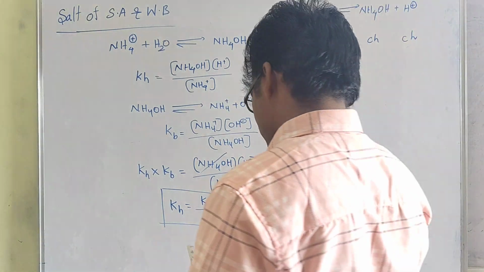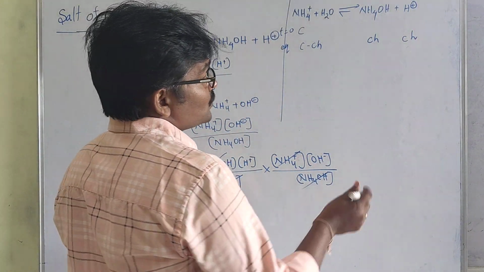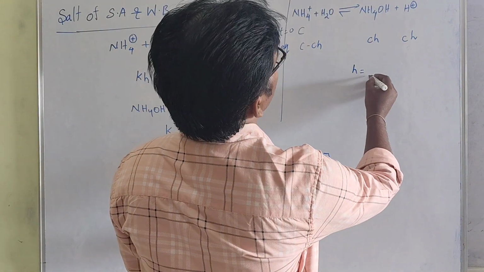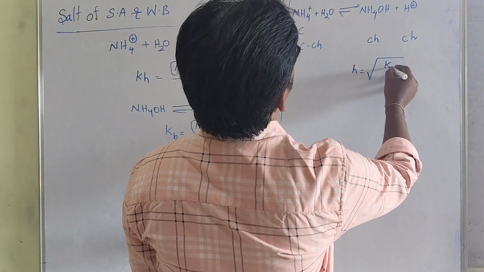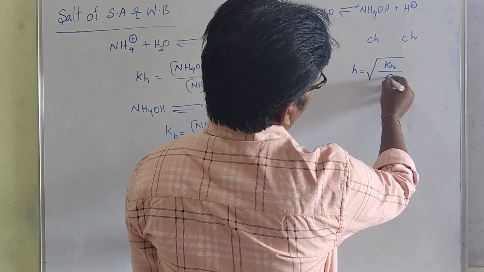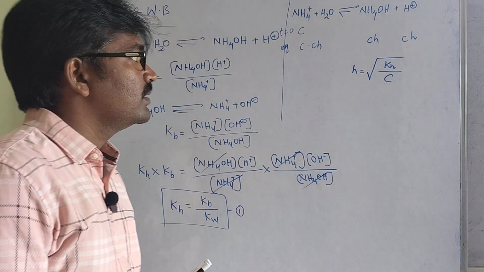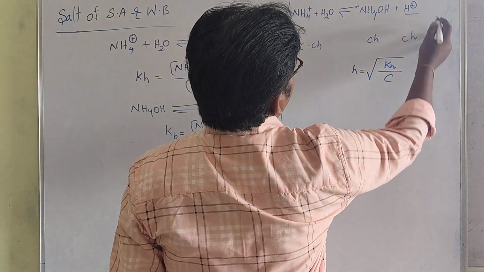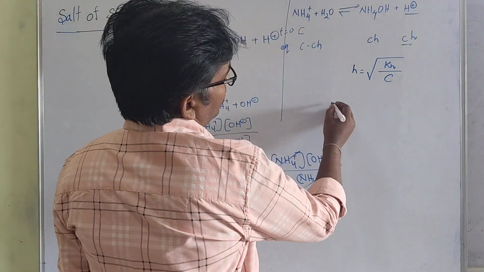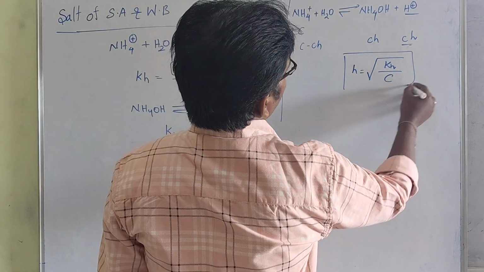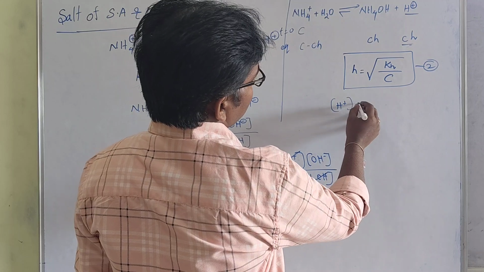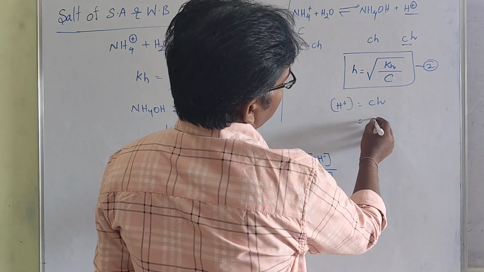Clear? Yes, clear. Sir, here h equals square root of KH divided by C, we know that. Then H plus ion concentration, this is equation number 2, take it. H plus ion concentration becomes Ch.